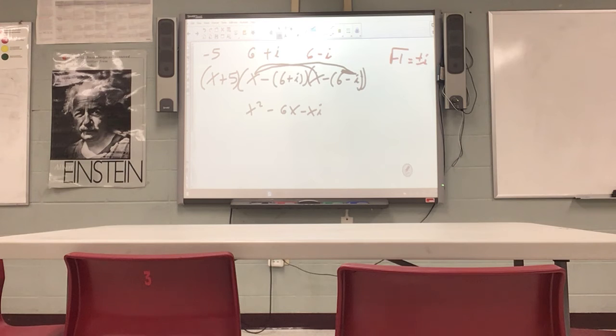Okay, now I've distributed the x to both of those, so now I'm going to distribute this quantity to both of those. So that's going to give me, this has got a minus in front of it again, so I'm going to have another minus 6x. But the x has to go to that i also.